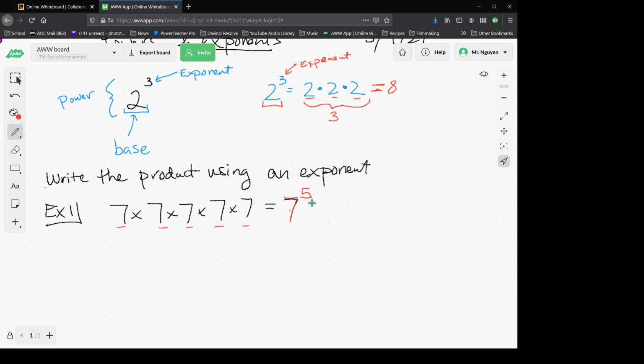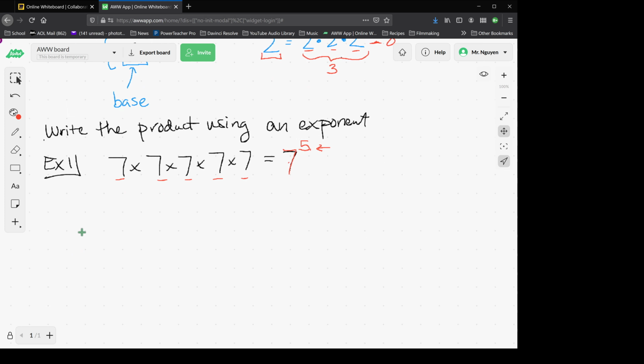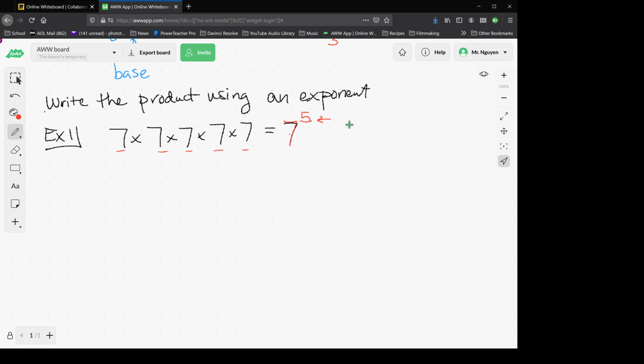Now, there are special exponents, special numbers that have a special way of saying the exponent. I'm going to give that to you in the next couple of examples here. So I'm going to write this out. 7 to the fifth power.